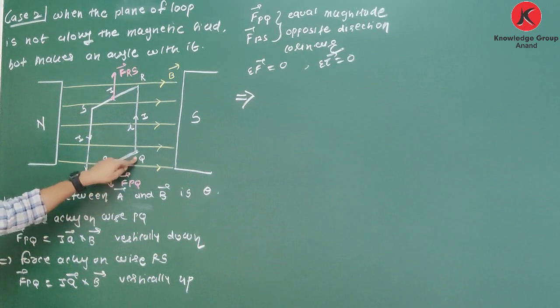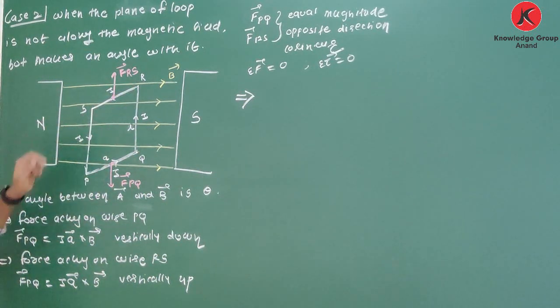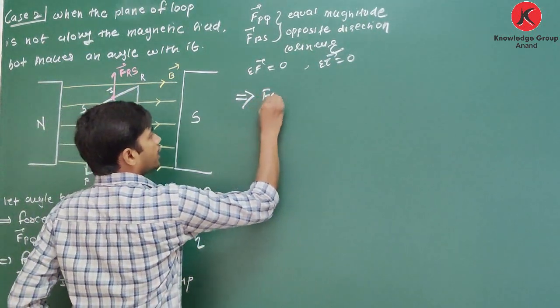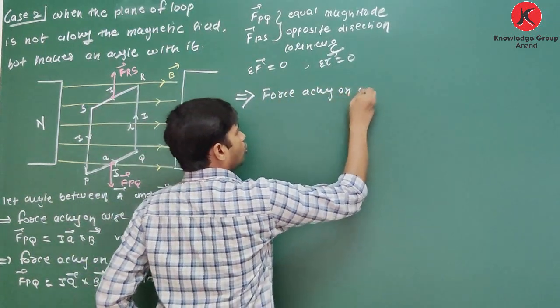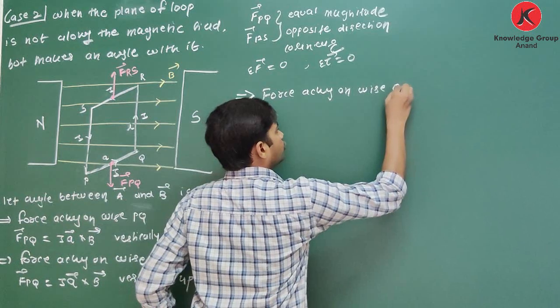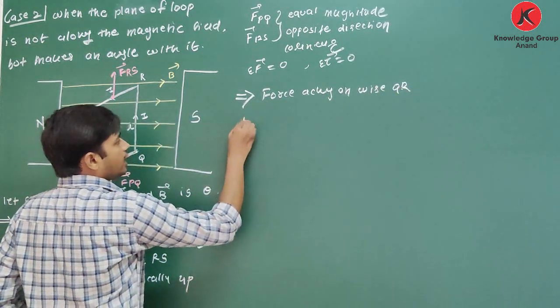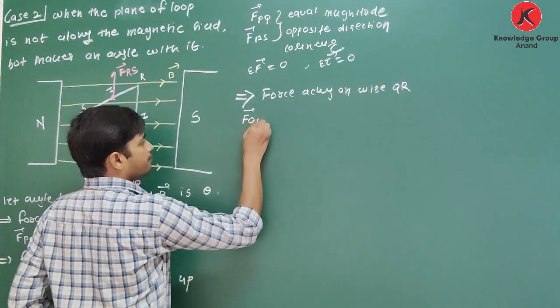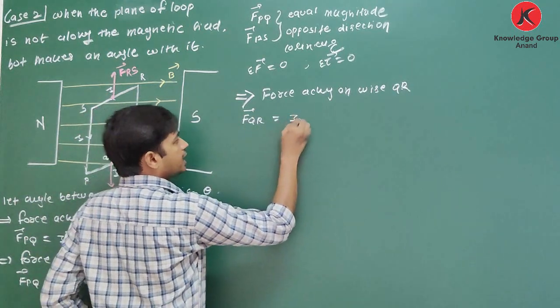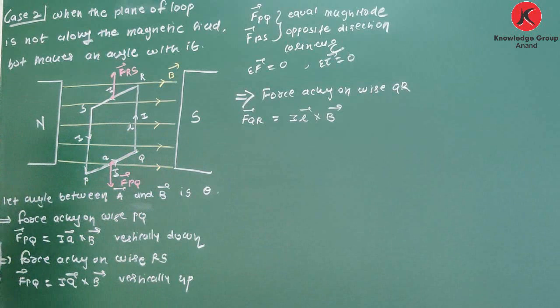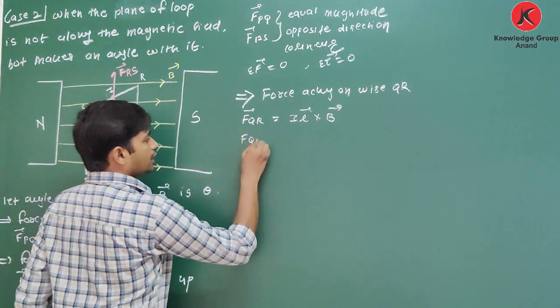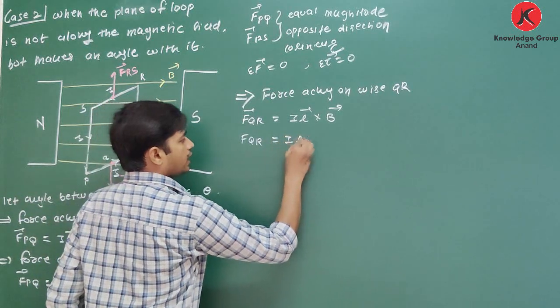For wire QR, force acting on wire QR, F QR is equal to I L cross B. Clear about this? How to find its magnitude? F QR is equal to I L B sine theta.